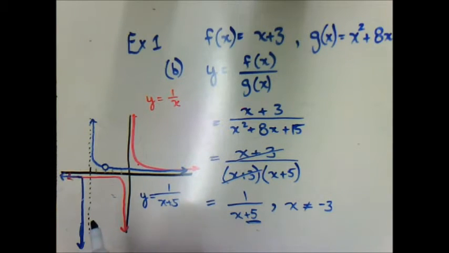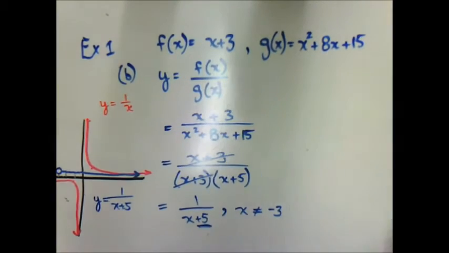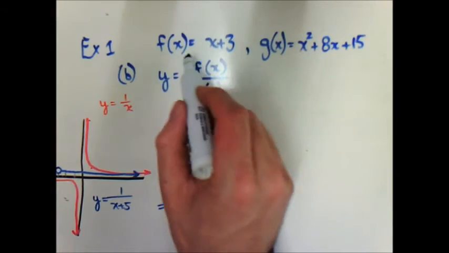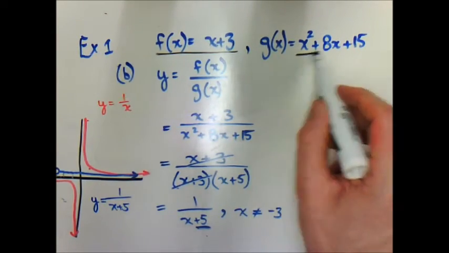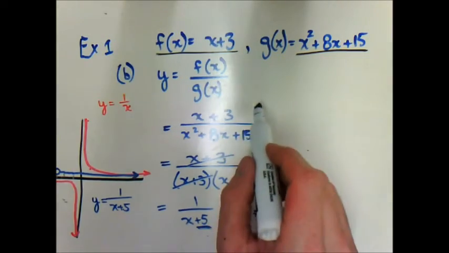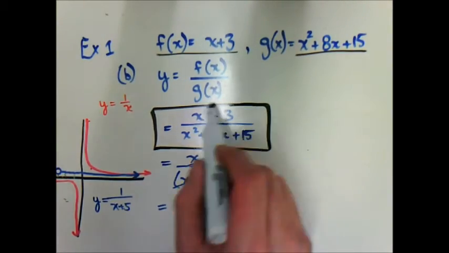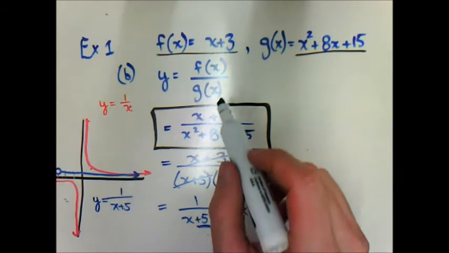Whenever you need to find the restrictions on a composite function, you need to head back to the two original functions, the component functions, and use the restrictions on this and the restrictions on this when we have put it in quotient form as it asked us to do.